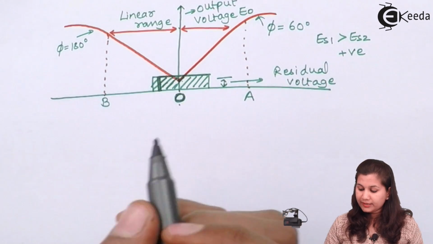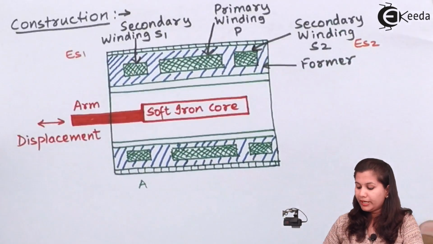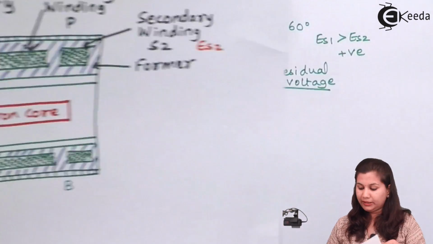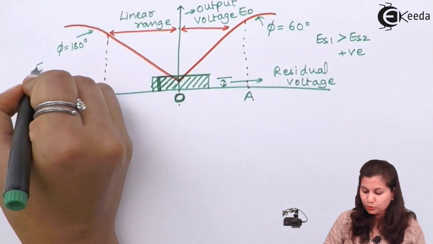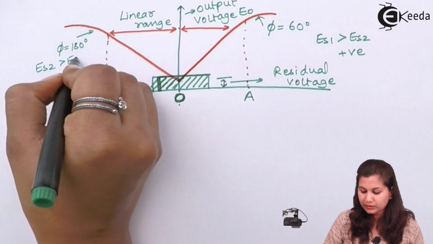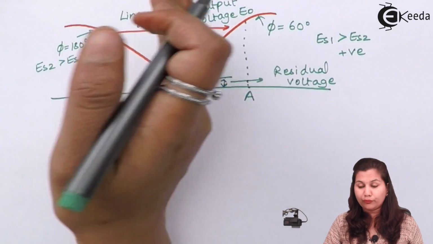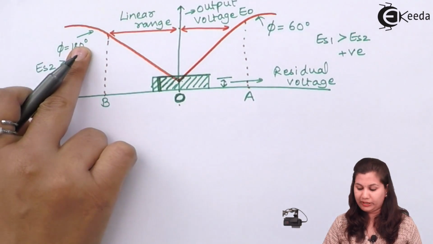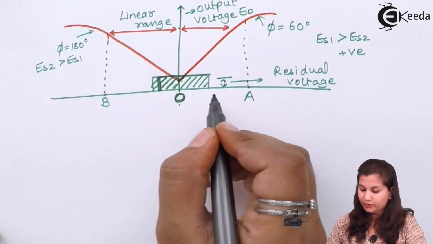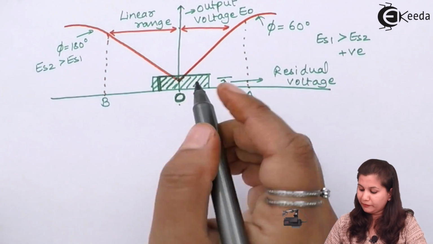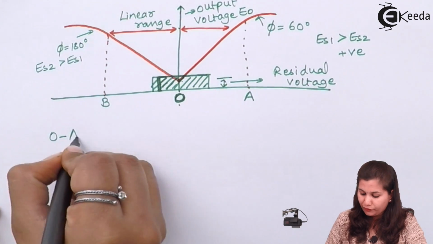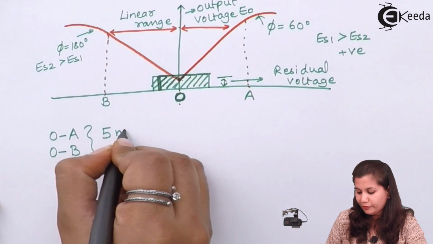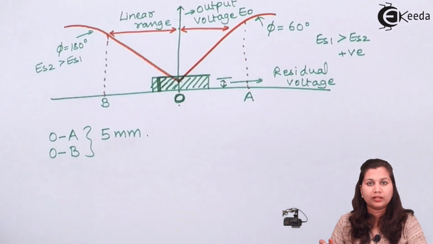And when the soft iron core is moved to the right hand side, suppose to a position B, at that time ES2 will be greater than ES1. We will get a negative value for the output voltage, and the output voltage is 180° out of phase. Now this range, from 0 to A, or from 0 to B, is approximately 5 mm from the null position.